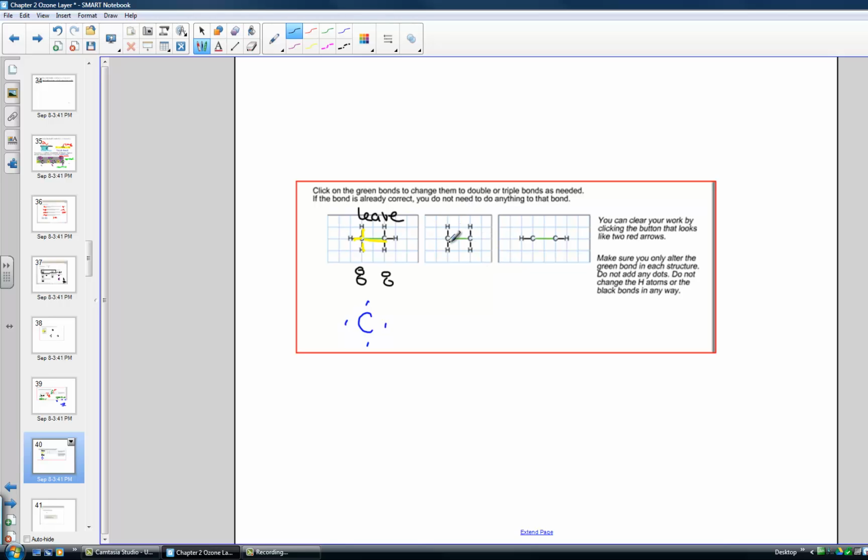But what about here? I have 1, 2, 3 bonds around this carbon. To finish it, we're going to need to add a double bond to get the carbon to have 4 bonding atoms. 1, 2, 3, 4.